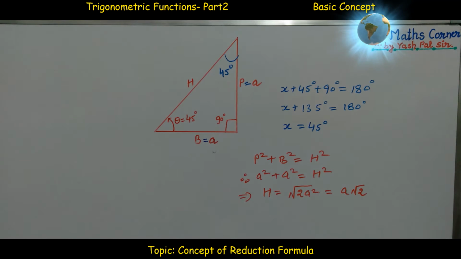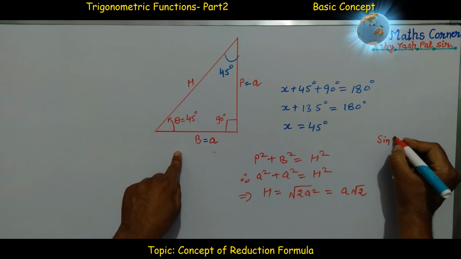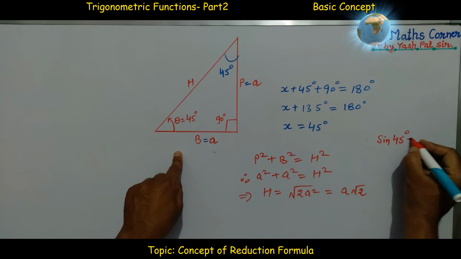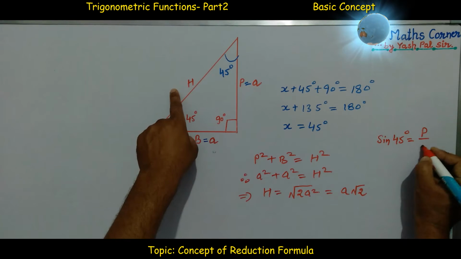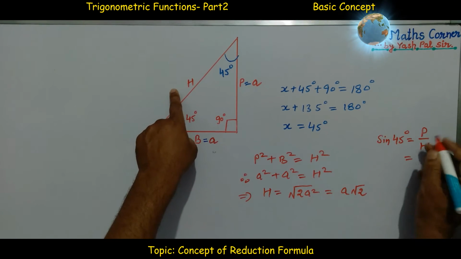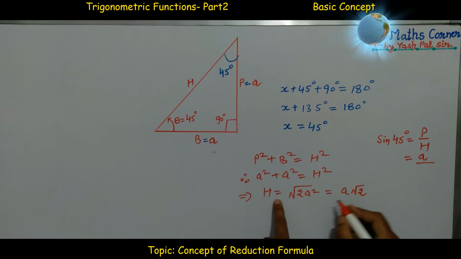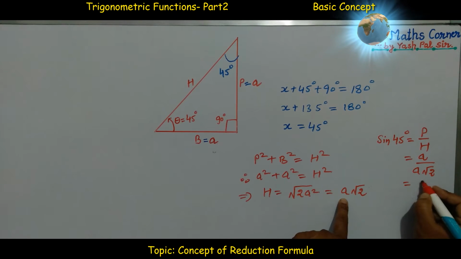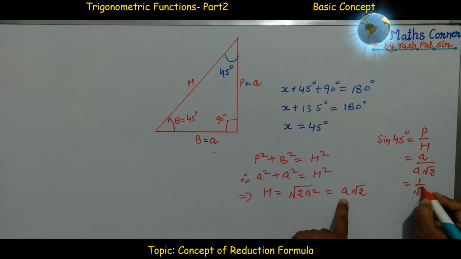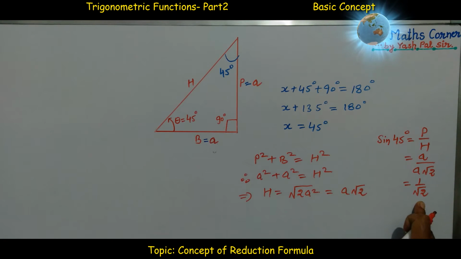Now what is sine theta? Sine 45 degree is equal to p upon h. P is a, and h is a square root 2. A cancelled, so we are left with 1 upon square root of 2. So sine 45 degree is equal to 1 upon square root 2.